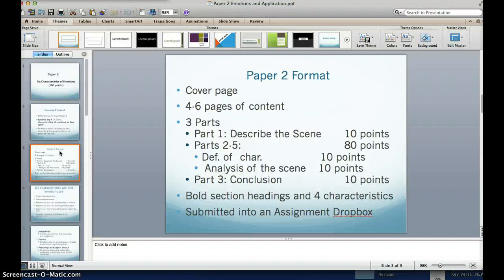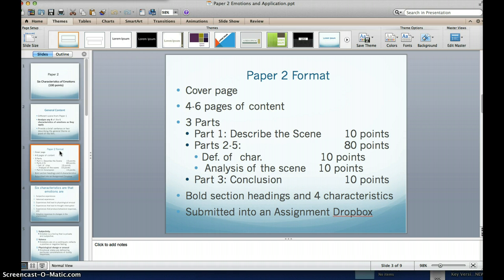You're choosing 4 characteristics, and 10 points will be assessed for the definition of that characteristic, and then 10 points for the analysis of that scene, totaling 80 points. And then there is the third section, which is the conclusion.